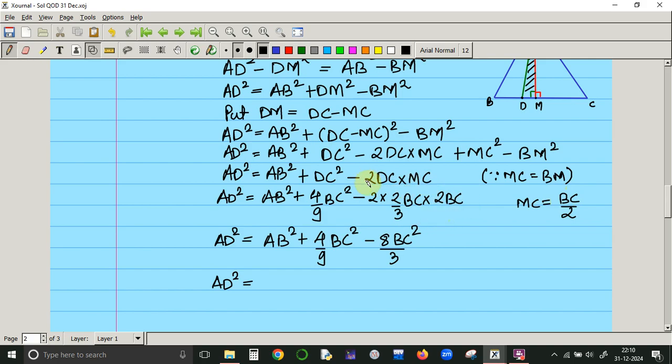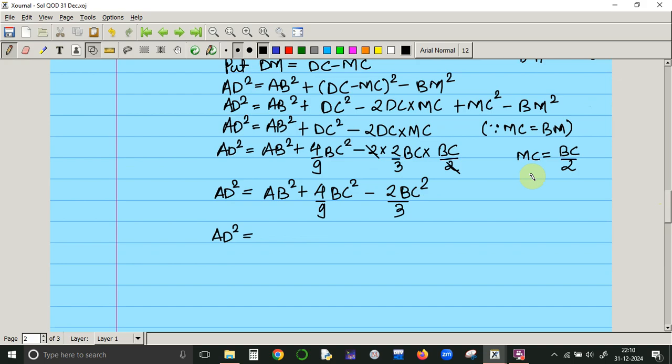So 2 is correct, DC is correct. Instead of this MC, what I have to write is BC upon 2. So this 2 and this 2 cancel. What I have is 2 times BC square upon 3. Now we are on the correct track.